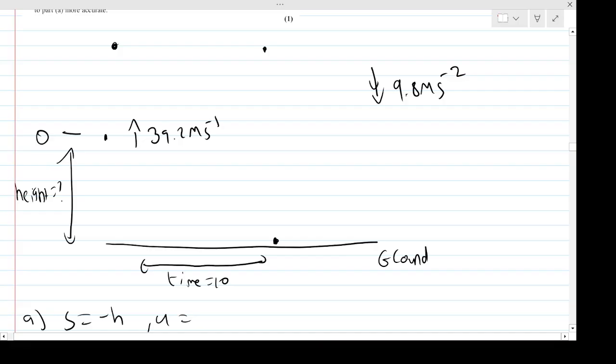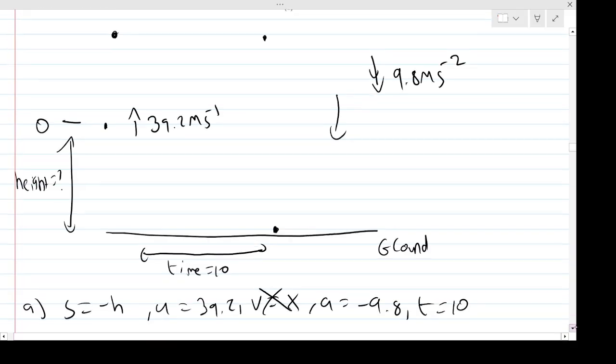u is the initial speed, which is 39.2. v, I don't think we care about v at this point. The acceleration, again, it's going down. If we're going up here, downwards is negative, so negative 9.8. And t is, well, we're given the time, 10 seconds, right?